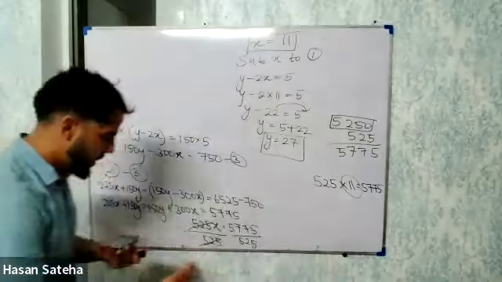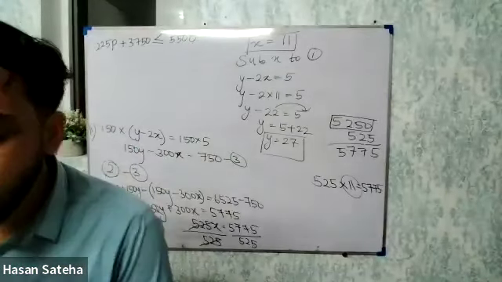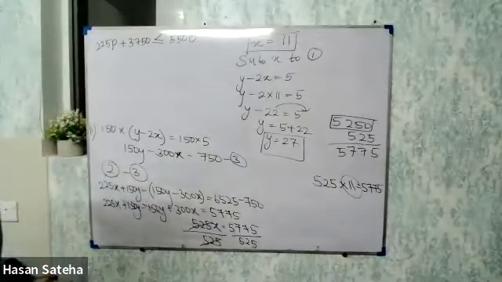Now here you have the inequality 225p plus 3750 is less than or equal to 5500. They have told you to solve this inequality, that means find the value of p.